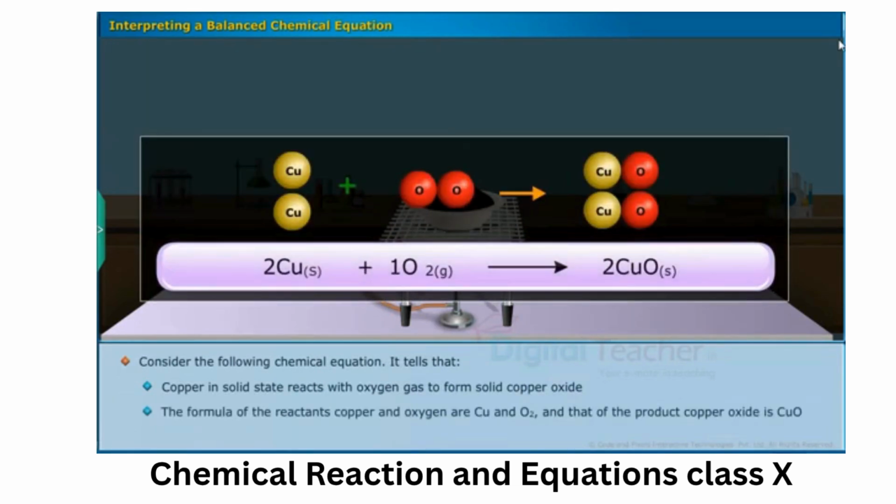The formula of the reactants copper and oxygen are Cu and O2, and that of the product copper oxide is CuO. Here 2 moles of copper reacts with 1 mole of oxygen to form 2 moles of copper oxide.